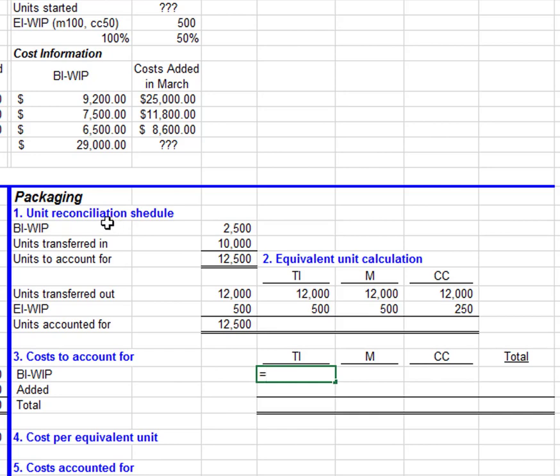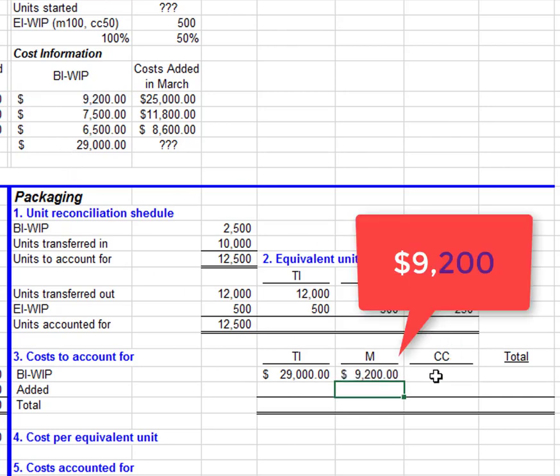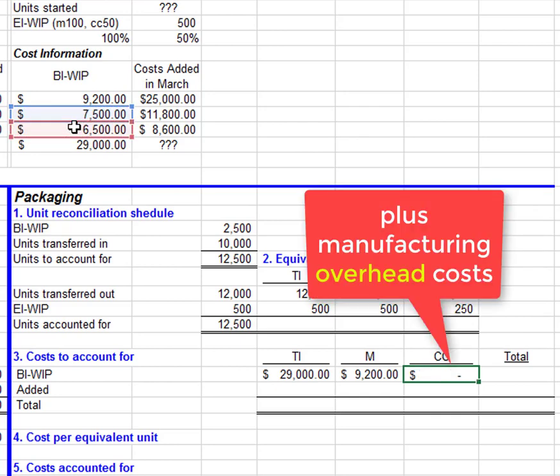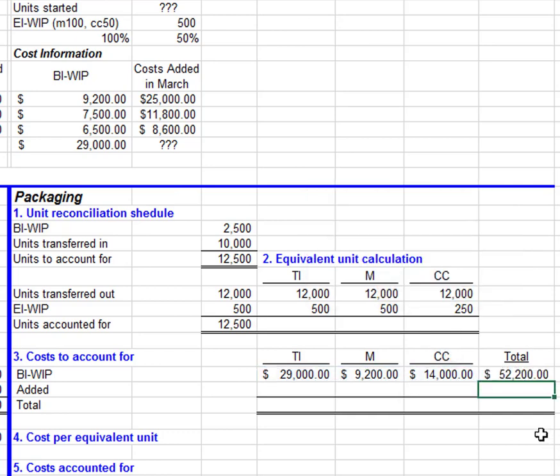Transferred in costs are 29,000. The material costs in beginning inventory work in process are 9,000. And you remember conversion costs are a total of direct labor cost plus the manufacturing costs. Okay. So I'll just total that across. That's a total of my beginning inventory work in process, total of those 4.